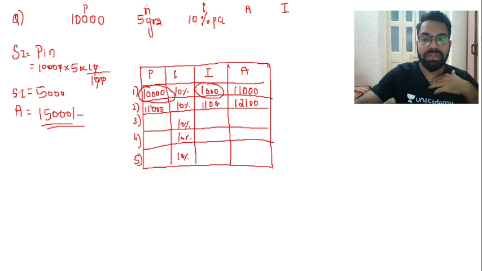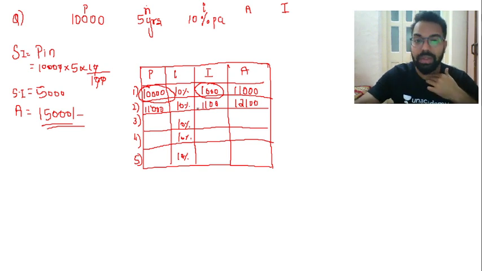Basically this 1,100 is nothing but the 1,000 rupees interest on this principal, which is 10,000, and 100 rupees interest on this 1,000 rupees at 10%, which is 100 rupees, total being equal to 1,100. That is the new interest that you earn, and the total becomes 12,100 rupees.